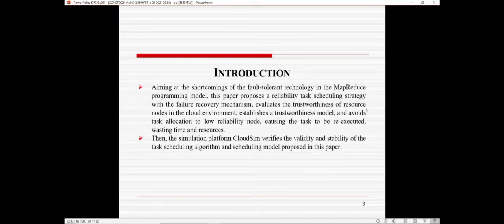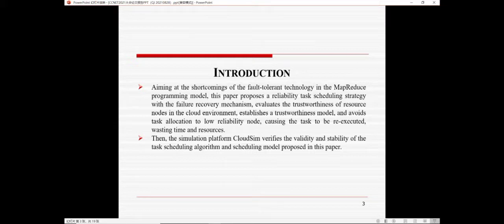So first is the introduction. Aiming at the shortcomings of the fault-tolerant technology in the MapReduce programming model, our paper proposes a reliability task schedule strategy with the failure recovery mechanism, evaluates the trustworthiness of the resource nodes in the cloud environment, establishes the trustworthiness model, and avoids task allocation to low reliability nodes, which causes tasks to be re-executed, wasting time and resources.